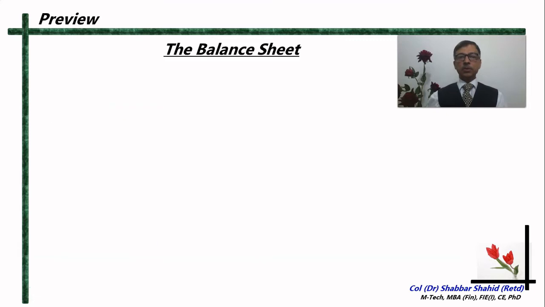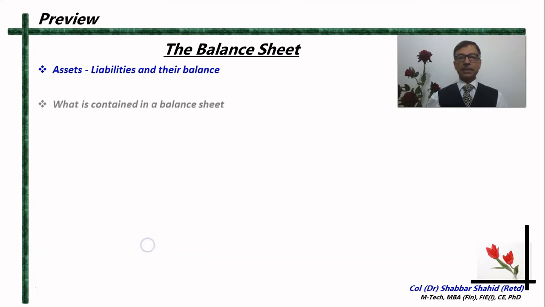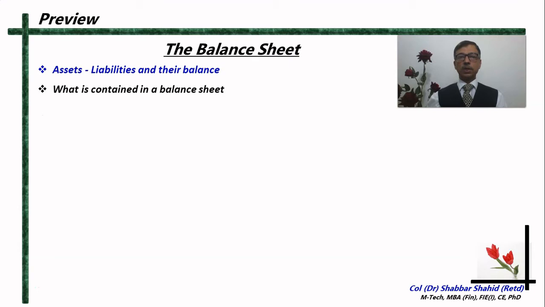Alright? So starting with the balance sheet, we shall talk about the assets and the liabilities and how they are balanced. Then we shall talk about what is contained in a balance sheet. Then we shall see the significance of something called the retained earnings, a very important topic, especially from the investment point of view.